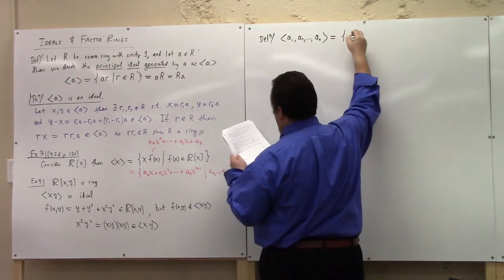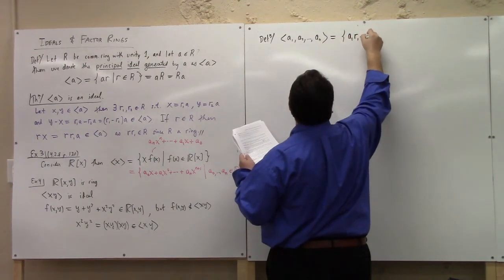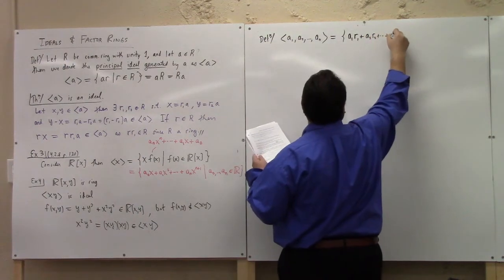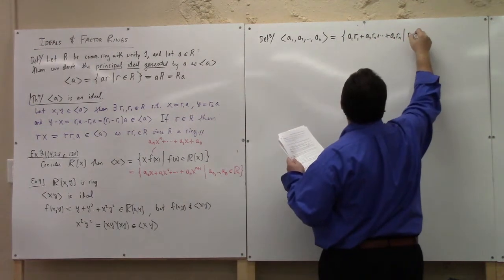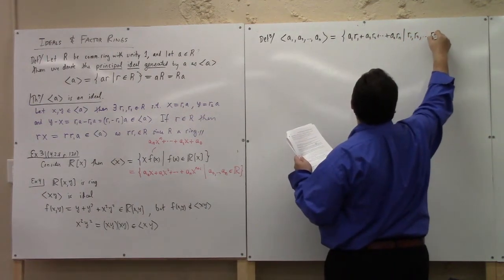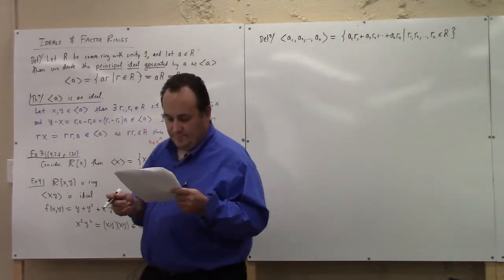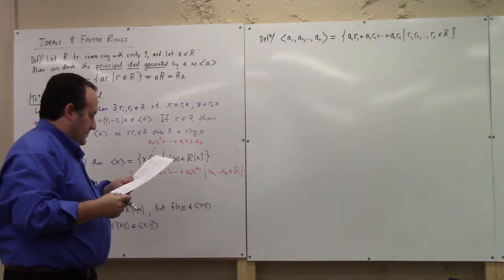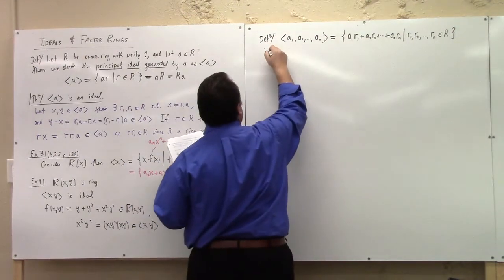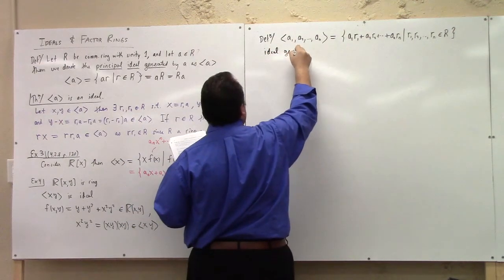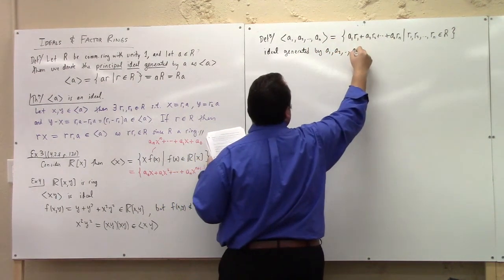That is the set of linear combinations of the form a1 r1 + a2 r2 + ... + an rn, such that r1, r2, ..., rn are in the ring. So that's the ideal generated by a1, a2, ..., an.